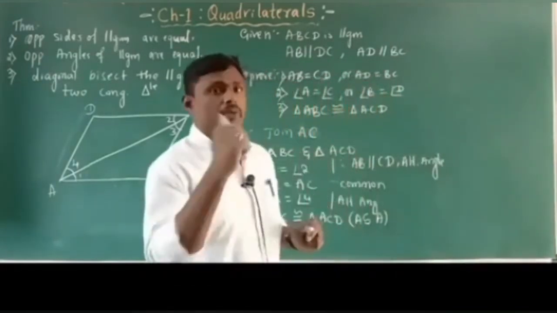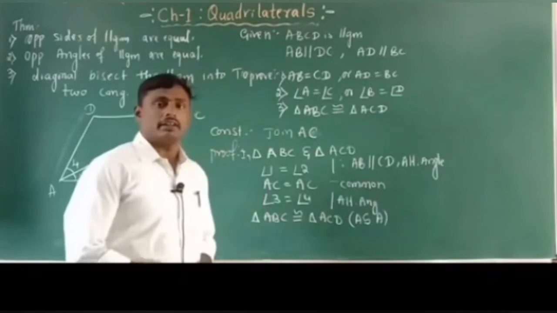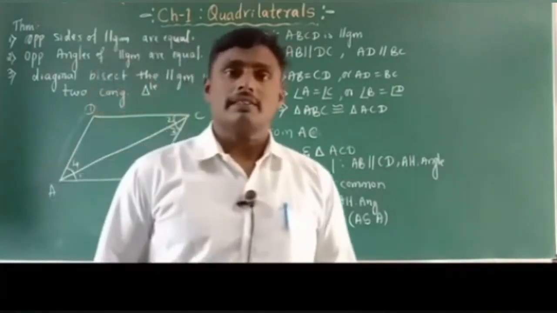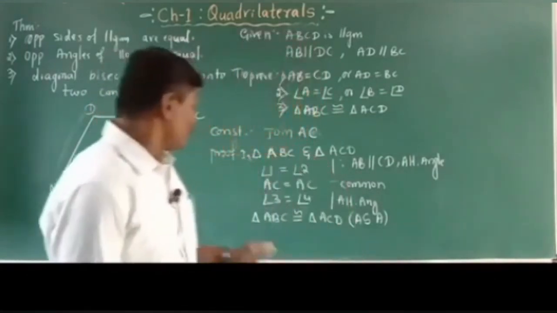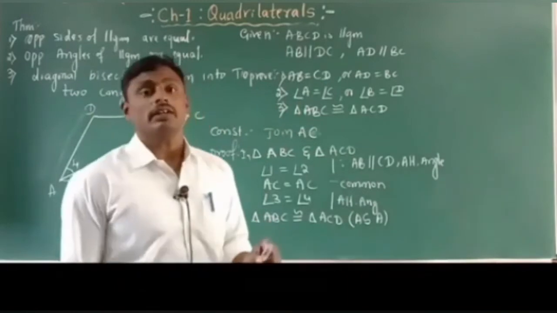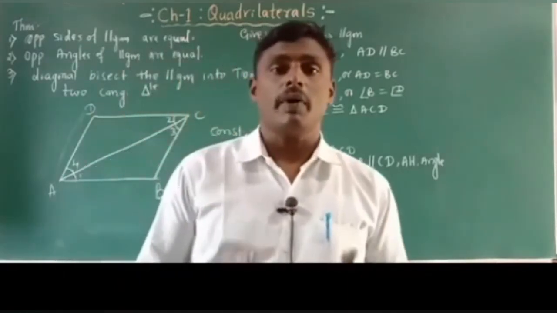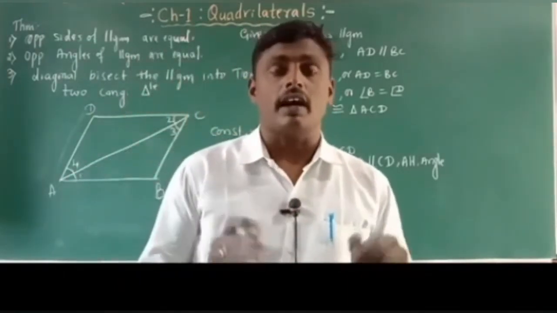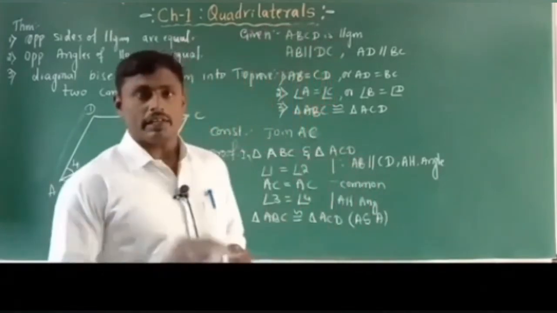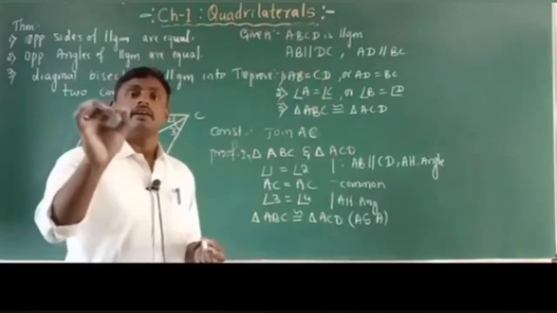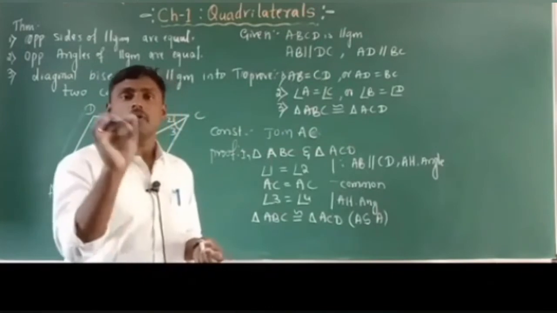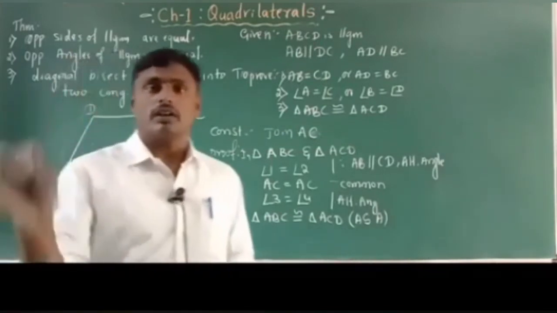In the previous classes we already learnt, if two triangles are congruent, then their remaining parts are equal by using CPCT. Here CPCT means corresponding parts of congruent triangles.